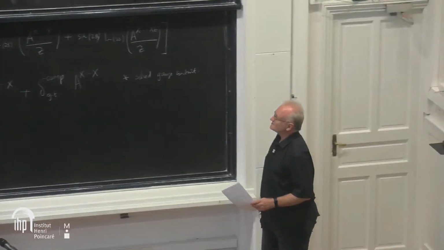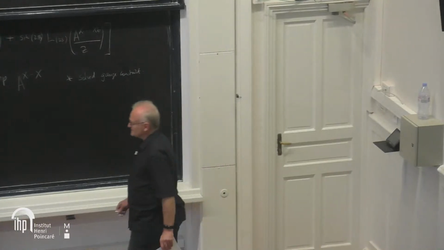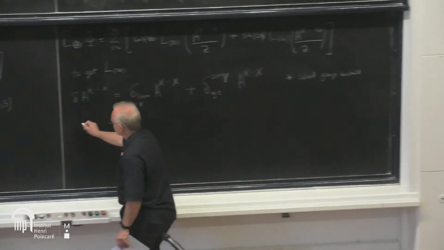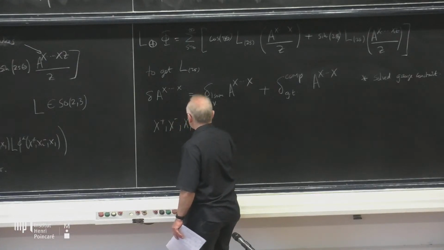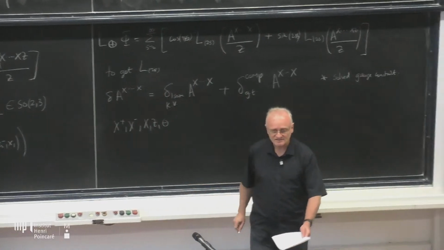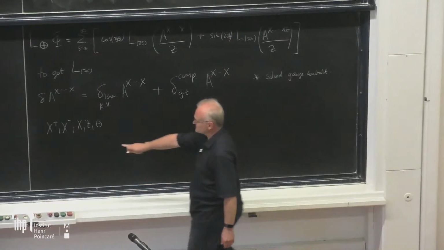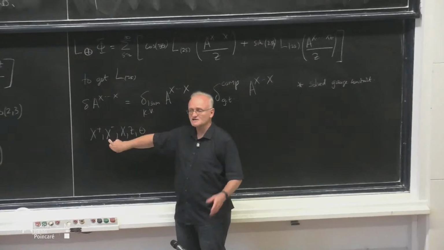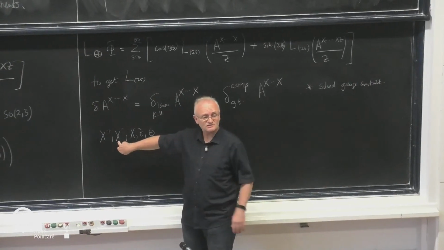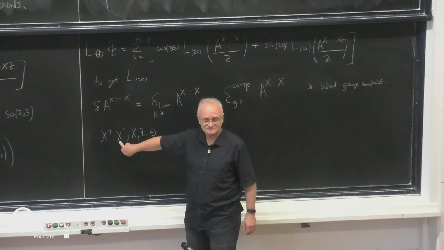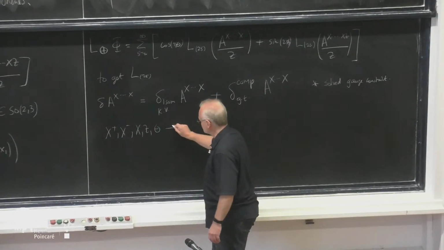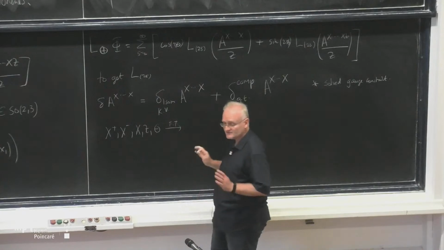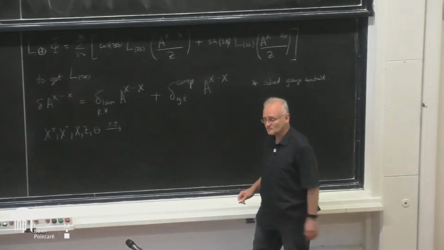To state that change of coordinates, it is simplest to do the following. So we have the coordinates x plus, x minus, x, z, and theta. Translations in x minus are a symmetry, so I'm going to do a Fourier transform on x minus. This is just done for convenience so that we can write nice simple formulas.